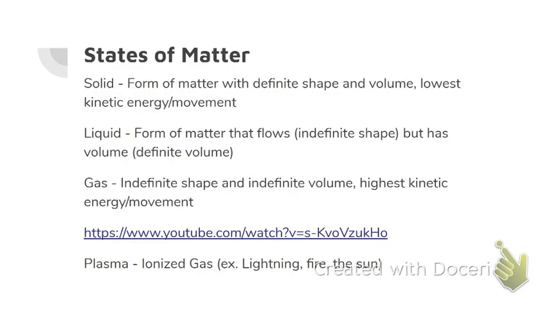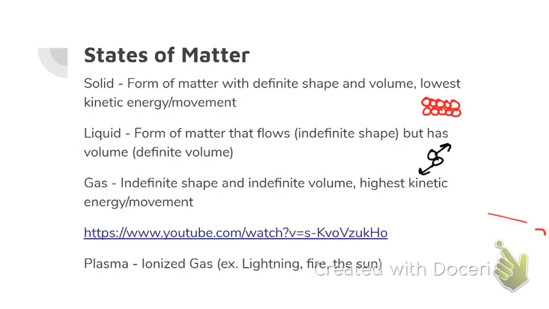Here are the states of matter. You have solid, liquid, and gas. Solid is your lowest kinetic energy, meaning the particles are moving the slowest. It has a definite shape and volume. The particles of a solid are very ordered and just vibrating, but staying very ordered. In a liquid, the particles are moving past each other.